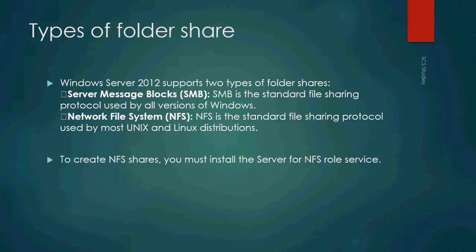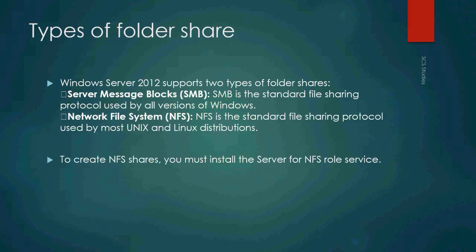Type of folder share. This is also very important, guys. Windows Server 2012 basically supports two types of folder shares. The first one is Server Message Block, known as SMB share. SMB is the standard file share protocol for all versions of Windows.